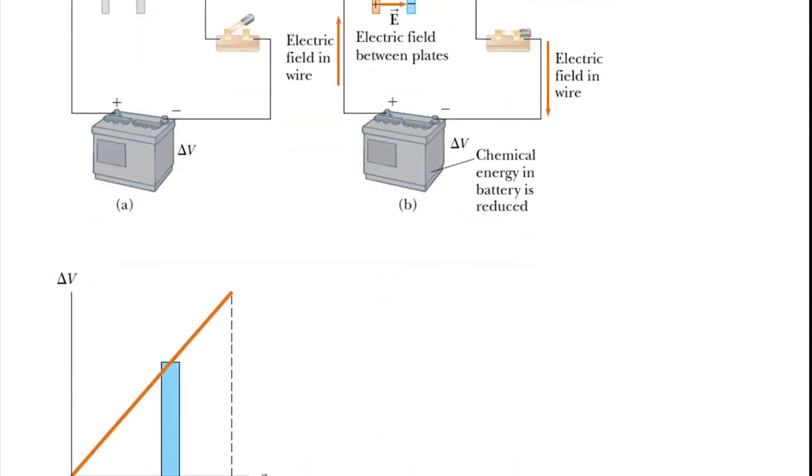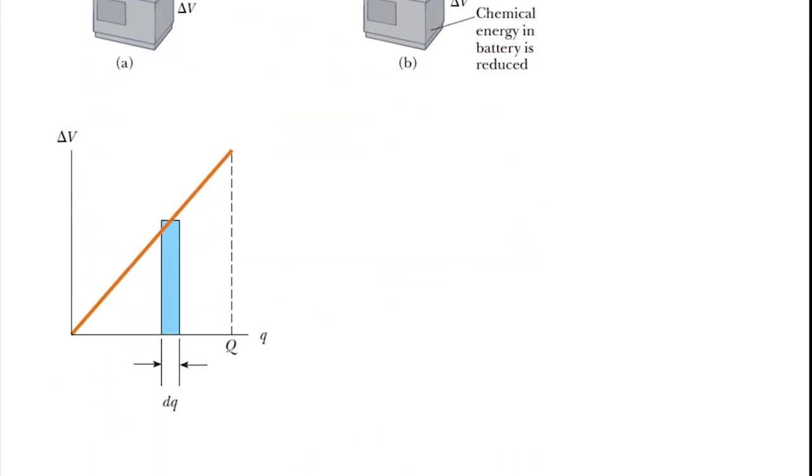So what ends up happening is this relationship. This is the amount of voltage, the pressure, you need to apply to shove more charges in. Wait, doesn't that look similar to the potential energy of a spring?